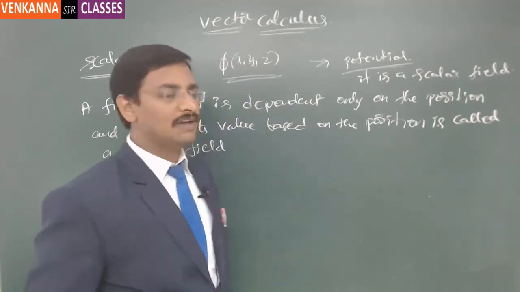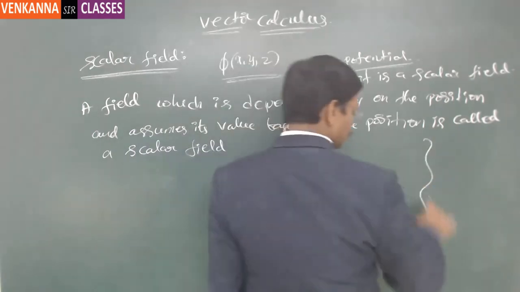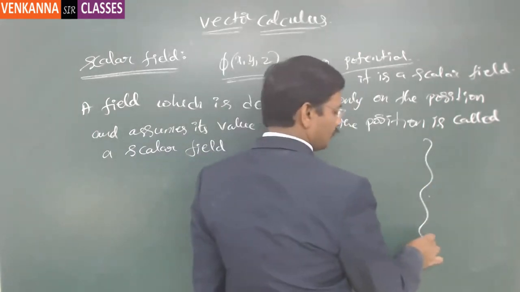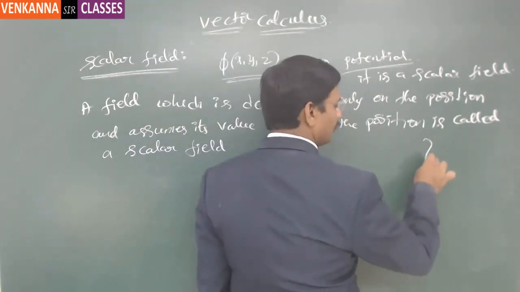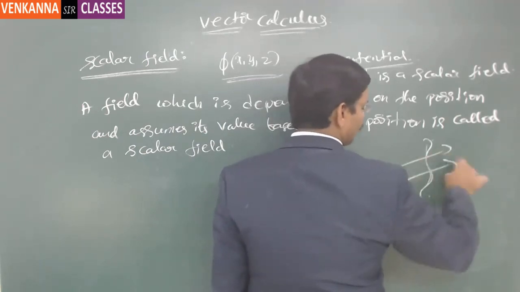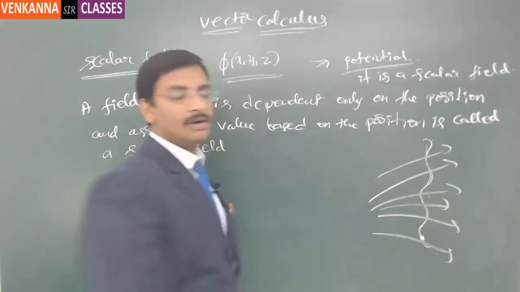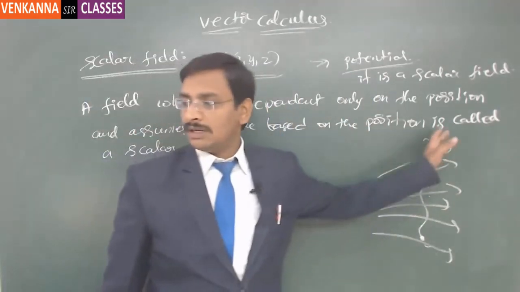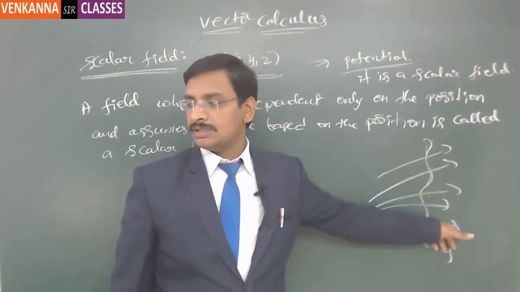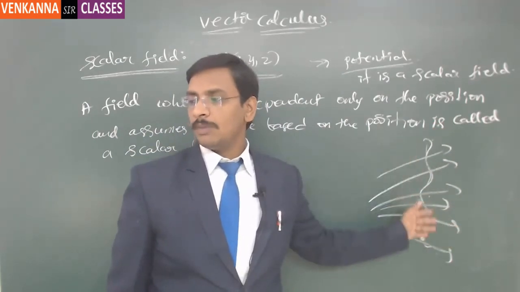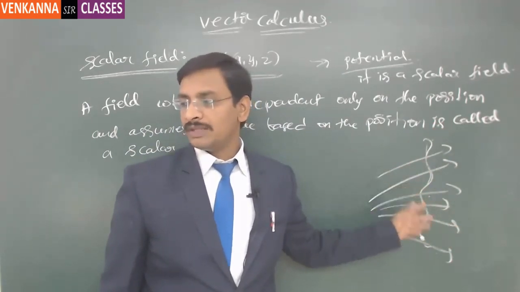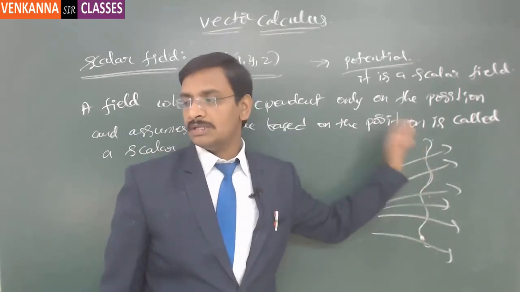But if I take the electric field, suppose I want to move a charge from this line to this way. Under the influence of an electric field like this, the field depends on the direction also. In certain directions it is going up, in certain directions it is going down. Depending upon the direction of this field, my movement of the charge is dependent on it.